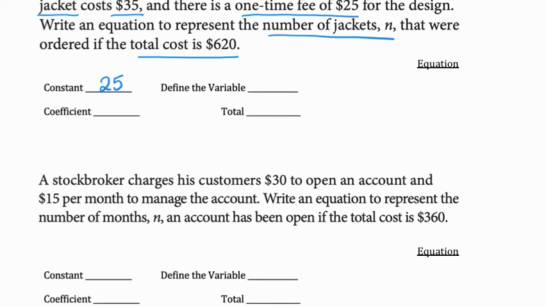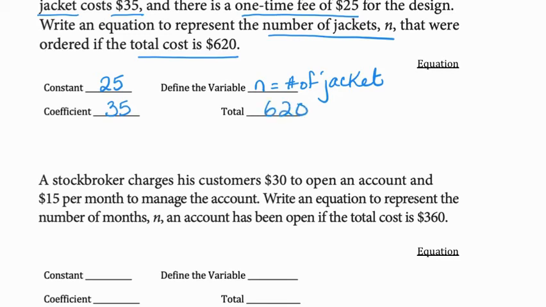And then we have a coefficient that's going to be multiplied every single time, and that is our $35. And that $35 is getting multiplied times our jackets. So we're using N to represent our number of jackets. And the total amount that all of that is going to cost is $620.